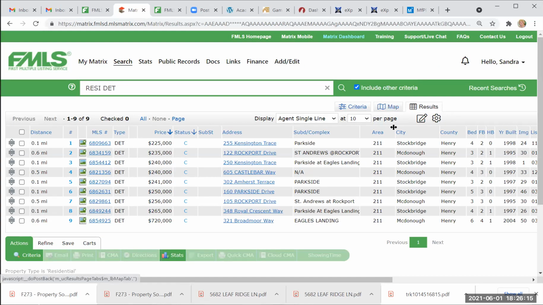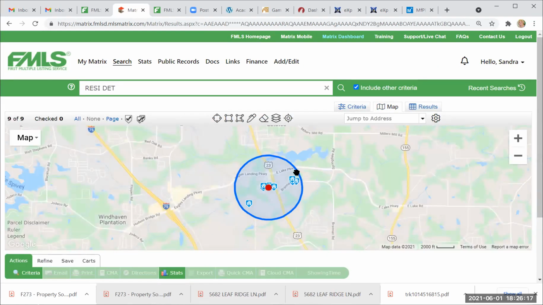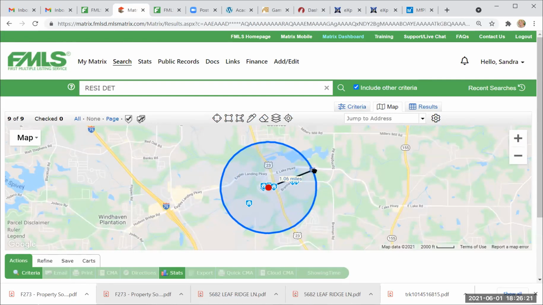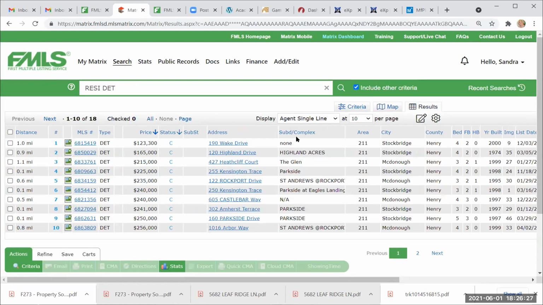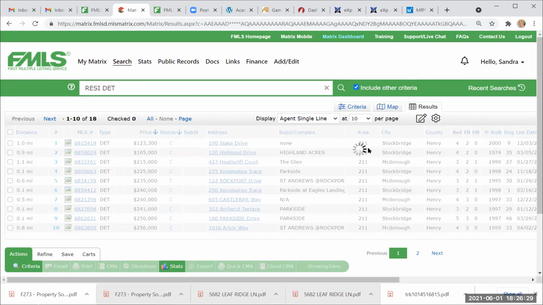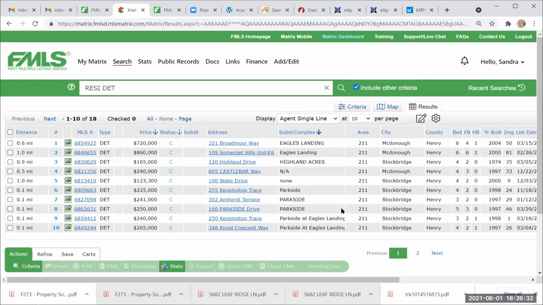So maybe I'll go out just a little bit more. Maybe we'll go out a full mile so we can say that we looked. Now I got a little more. And the only reason you would go out 2 miles is if you went out this far and you still weren't really hitting on anything, something that was different. Now, I don't like going out this far because now I'm over here in Parkside.